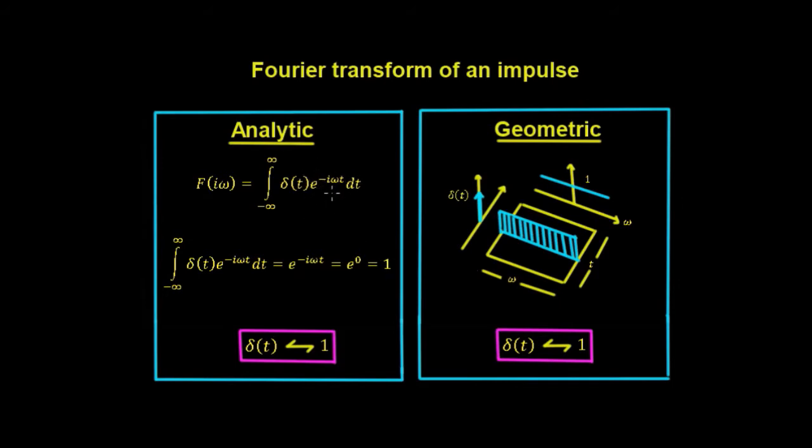It becomes 0. So in this instance, all that's left from the e to the minus i omega t is the cos omega t. So this here represents that cos omega t, and this is a cos omega t surface. So there's the omega axis, which is just this axis here. That's the t axis, which is this axis. This is a cos omega t surface, and it's modulated by this little spike.